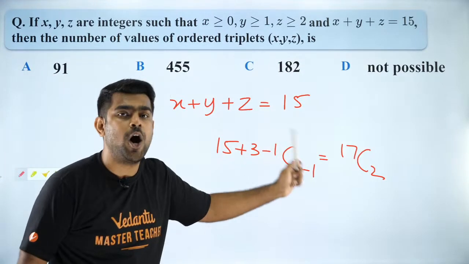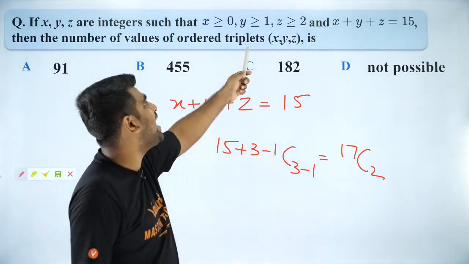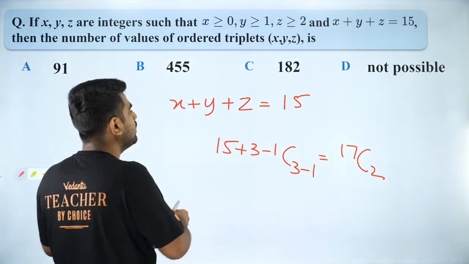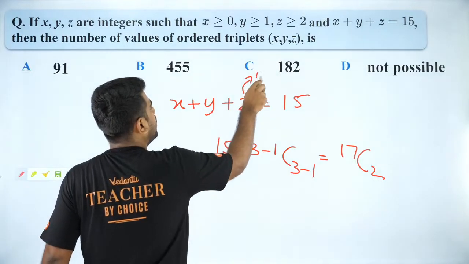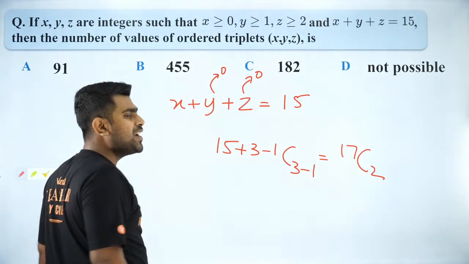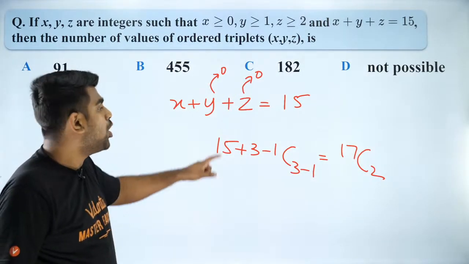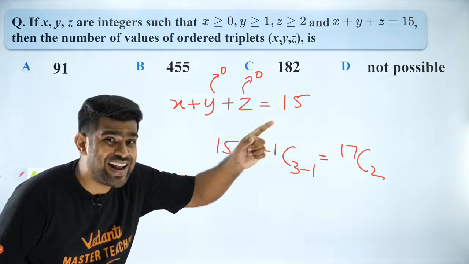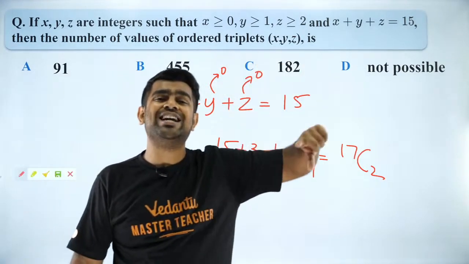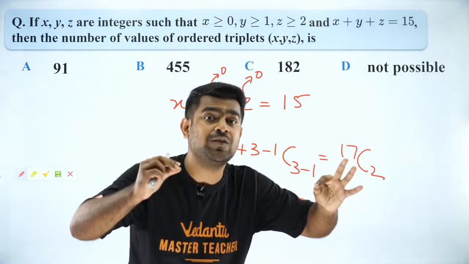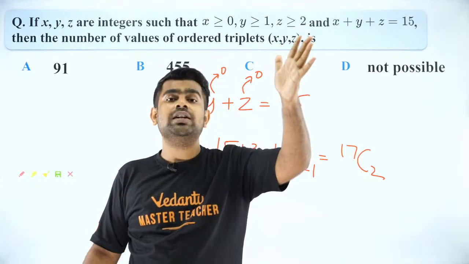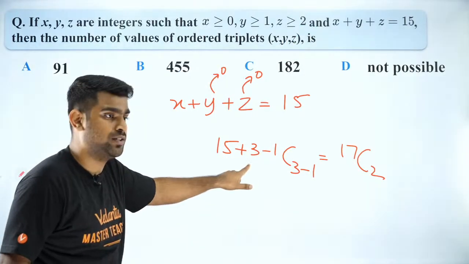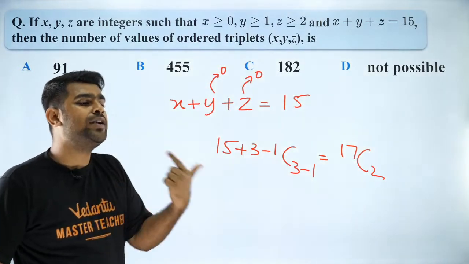Because your y cannot take 0. Your z cannot take 0. Are you understanding, Kashyap? Only when your y and z can take non-negative values starting from 0, 1, 2, 3, then only you can use beggar and coin.